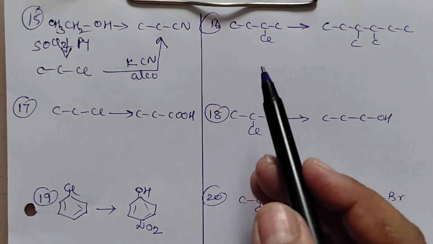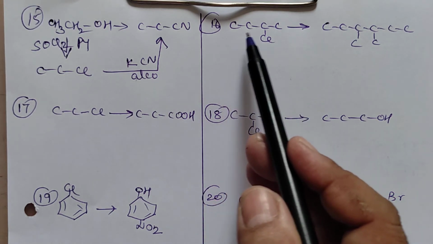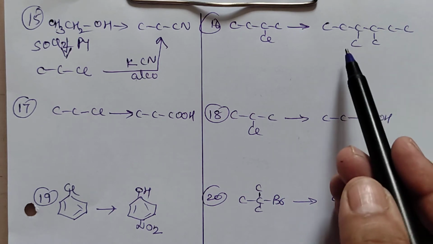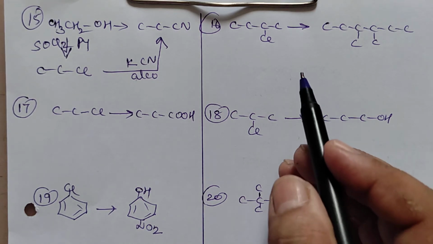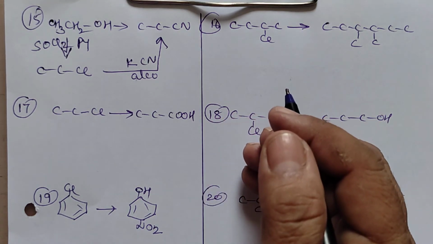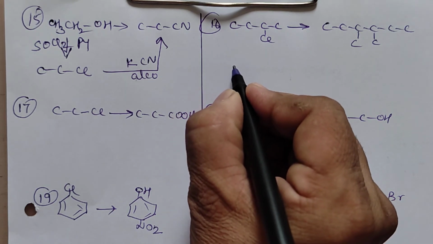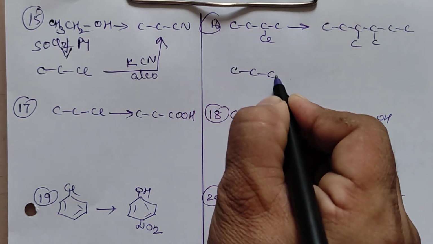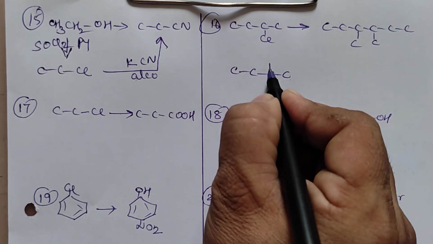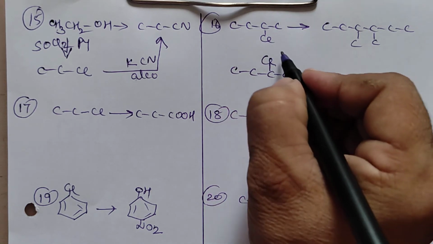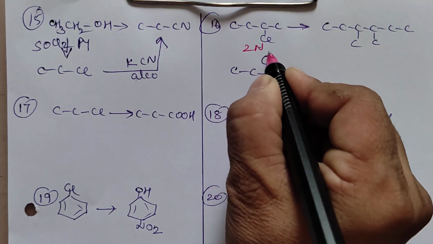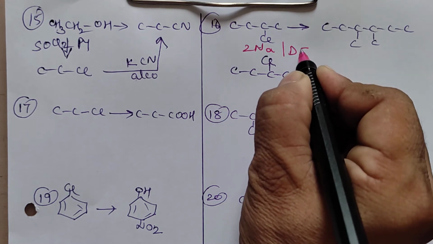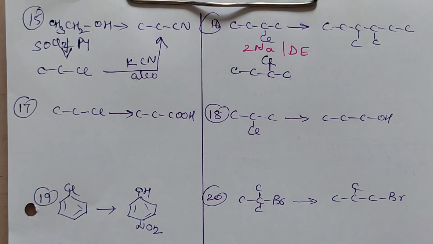The next one, it is 2-chlorobutane to 3,4-dimethyl hexane. Basically, it is nothing much. Way of writing is different. If you write down one more such 2-chloro like this and treat it with 2 sodiums in the presence of dry ether, it is the same product, children, what we are getting.